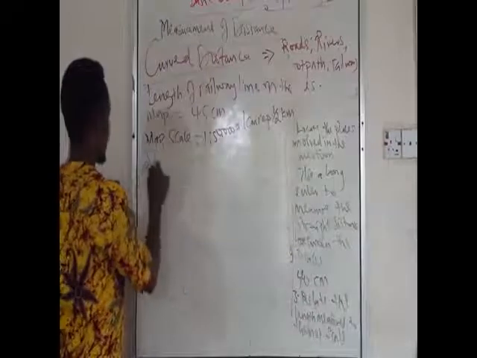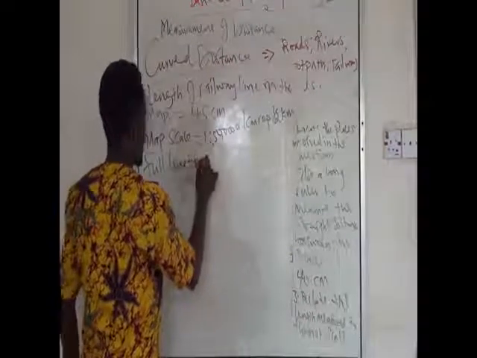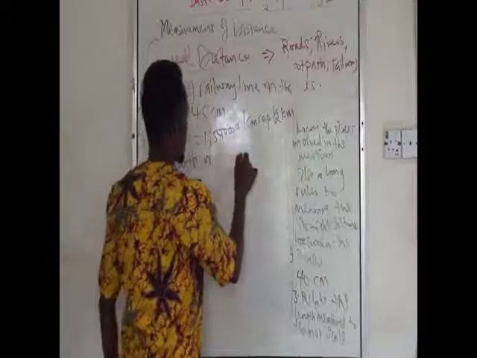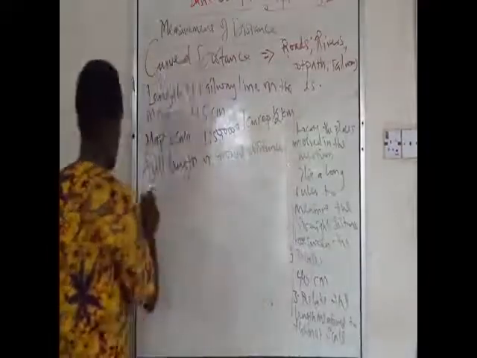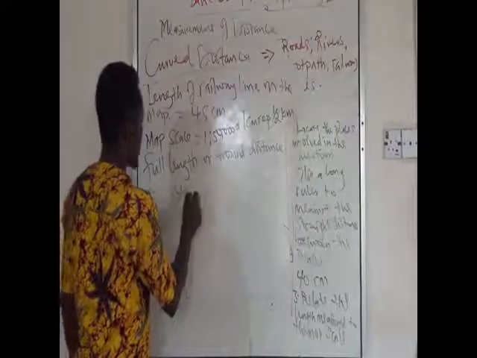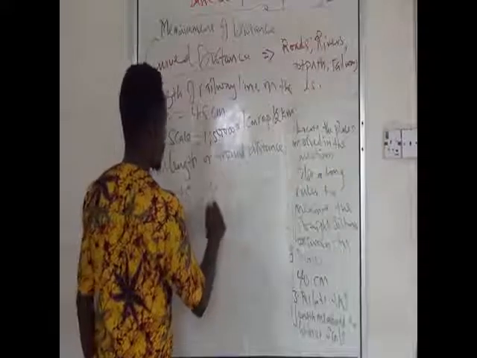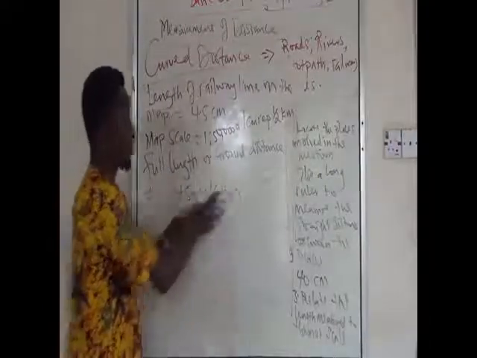Full length, or ground distance, is equal to 45 times 1/2 km. Of course, we are converting it to the ground distance.